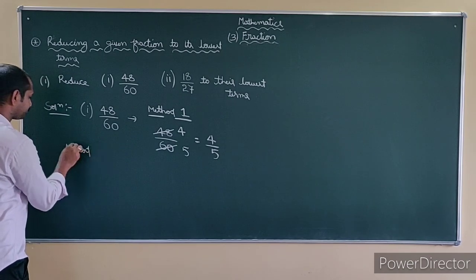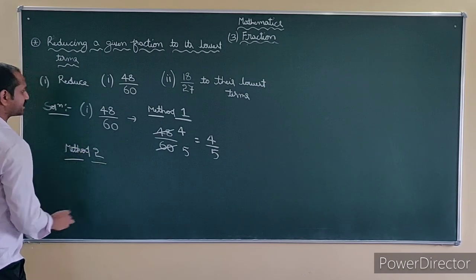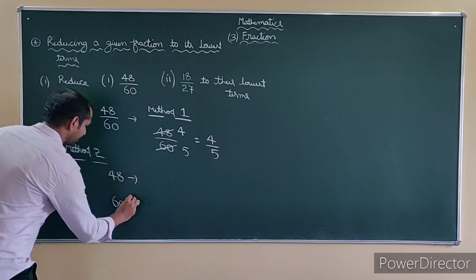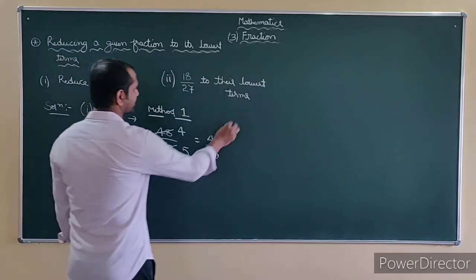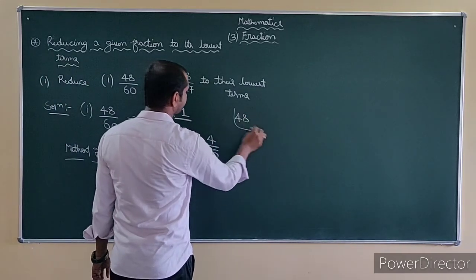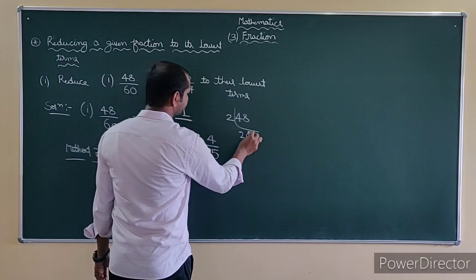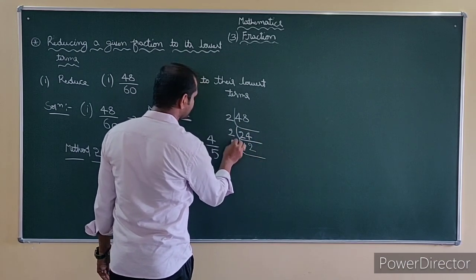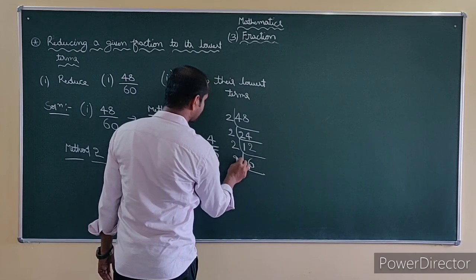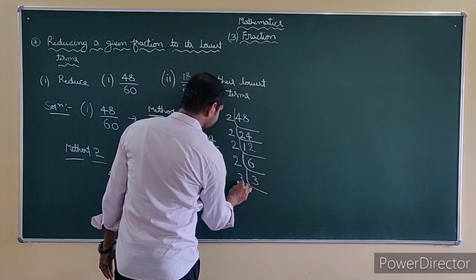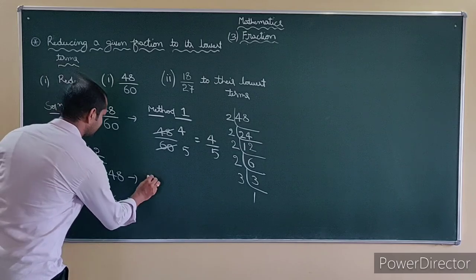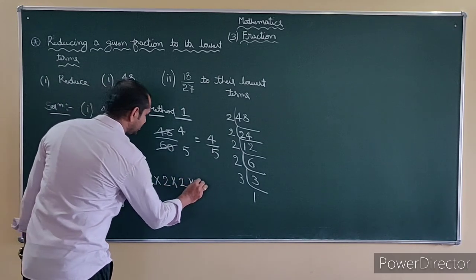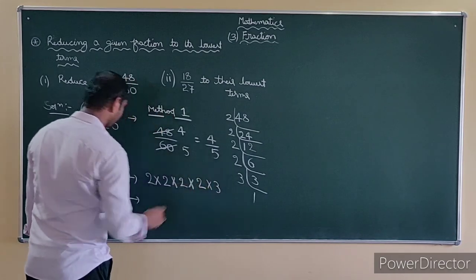That is, take the factors of 48 and 60. For example, 48 factors are 2 2s are 4, 2 4s are 8, 2 1s are 2, 2 2s are 4, 2 6s are 12, 2 3s are 6, 3 1s are 3. So take the factors 2 into 2 into 2 into 2 into 3. Right.